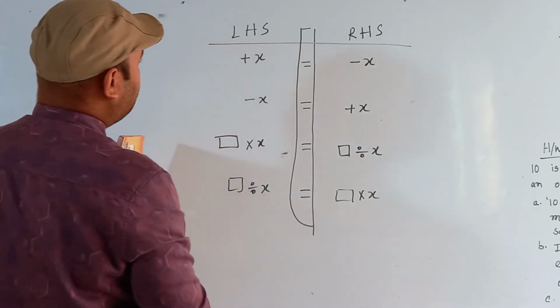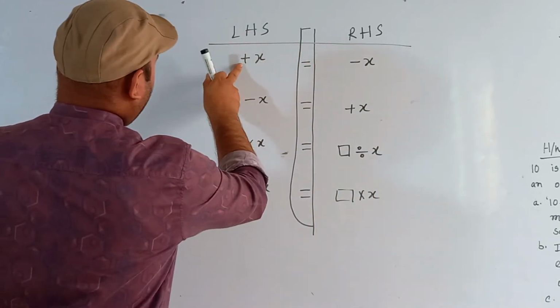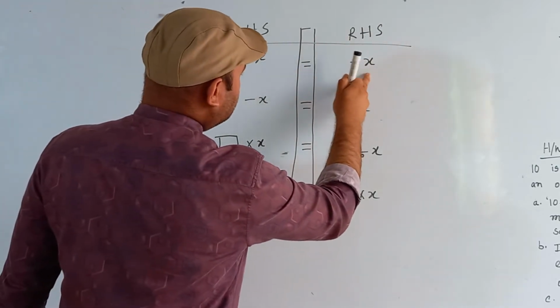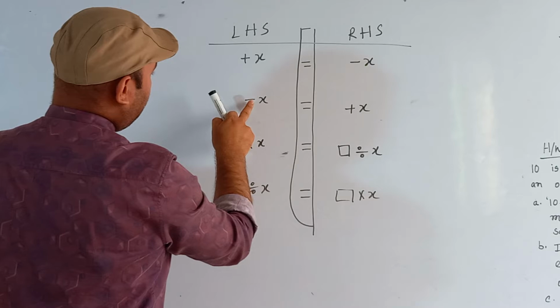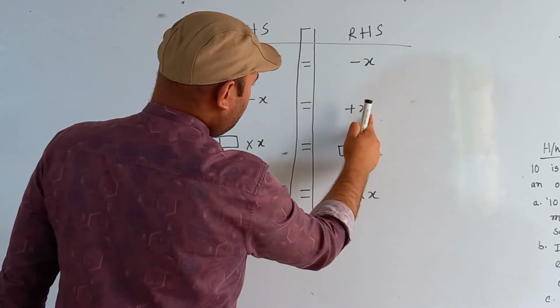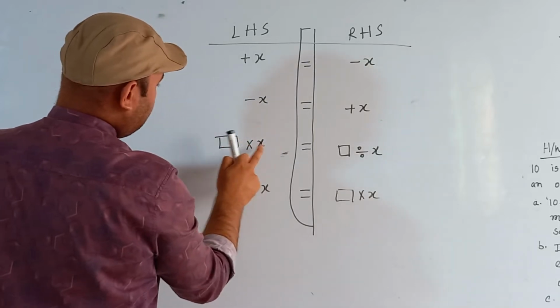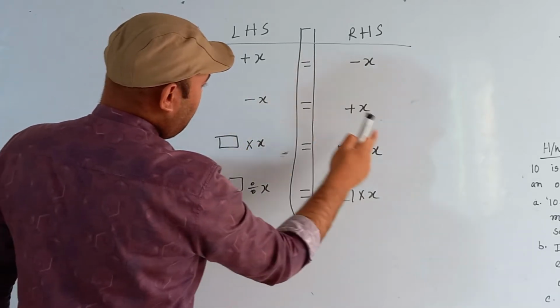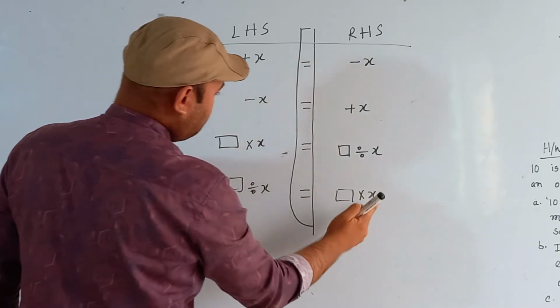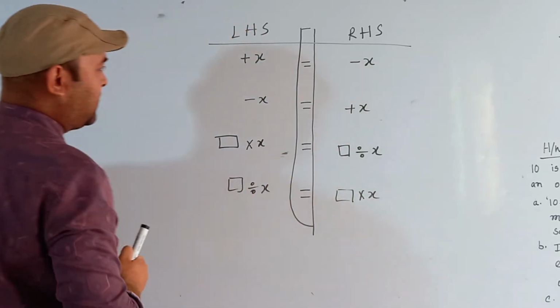So look here, if here is plus in the left hand side, after transferring to the right hand side it will be minus x. If here is minus x in the left hand side, after changing it, it will be plus x. If here is x multiplied by something, after changing it, it will be divided. If here is divided by something, after changing it, it will be multiplied.